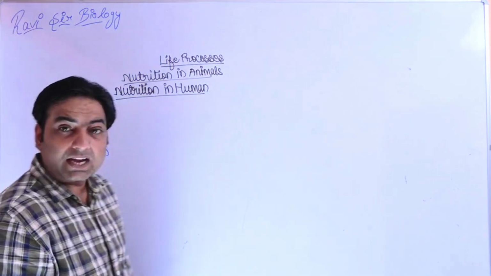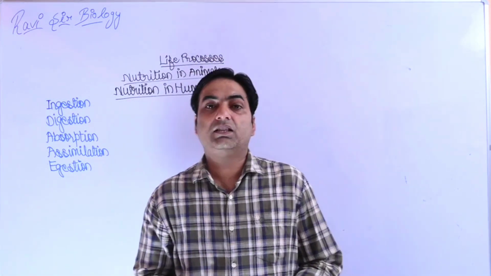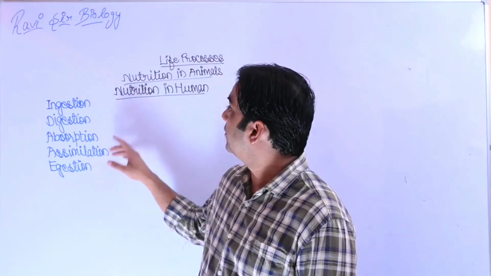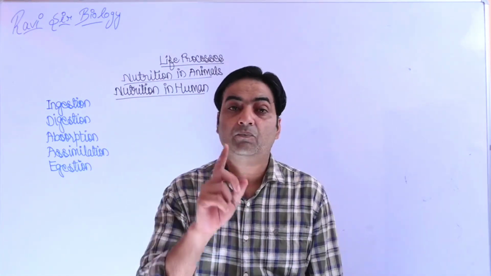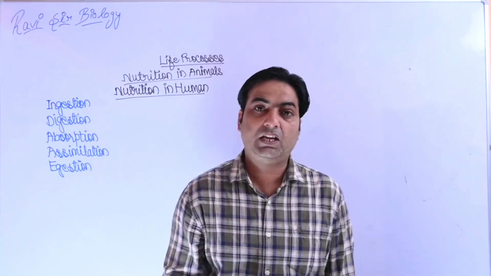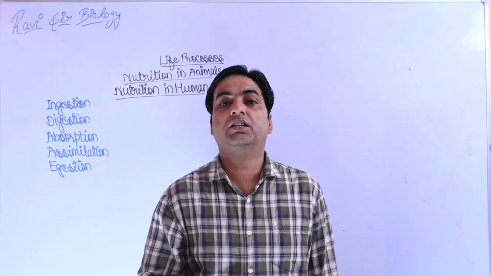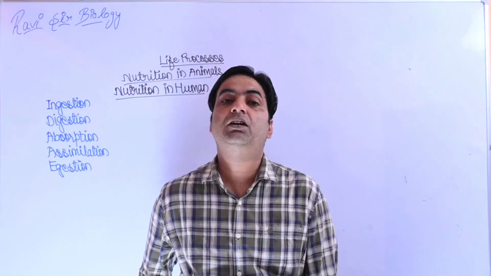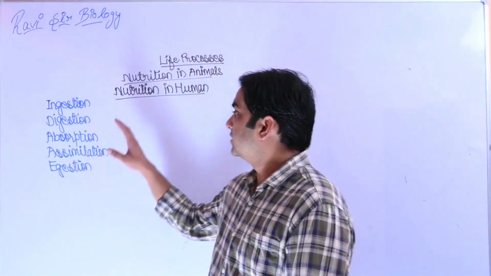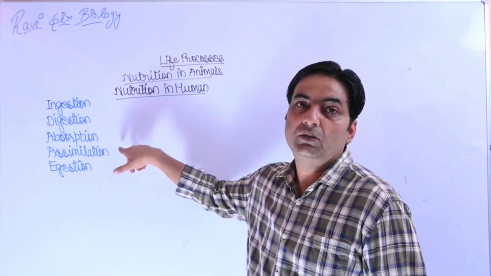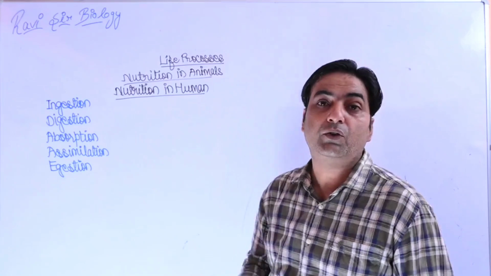These are the 5 steps very important for nutrition in animals, whether they are single cell animals or the most complex multicellular animals. So these are the 5 steps we have to discuss in the context of human beings.